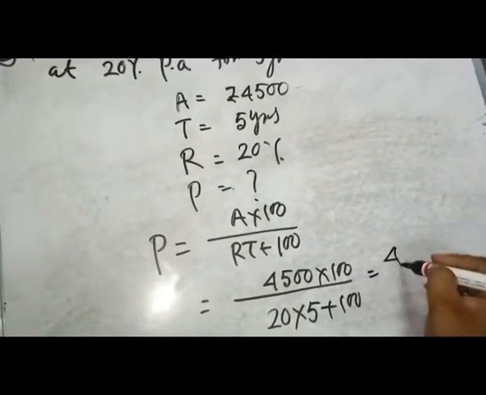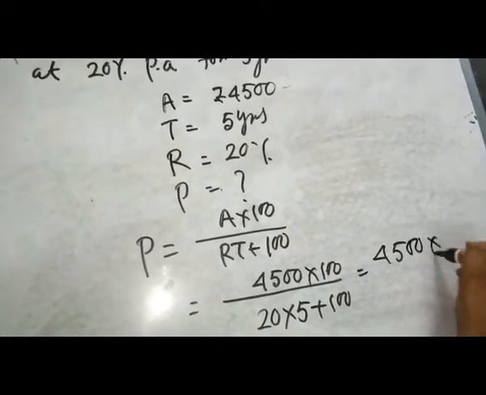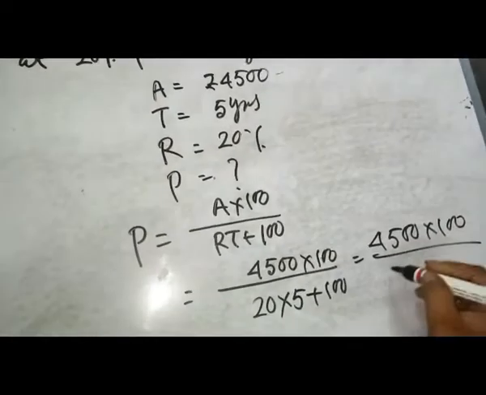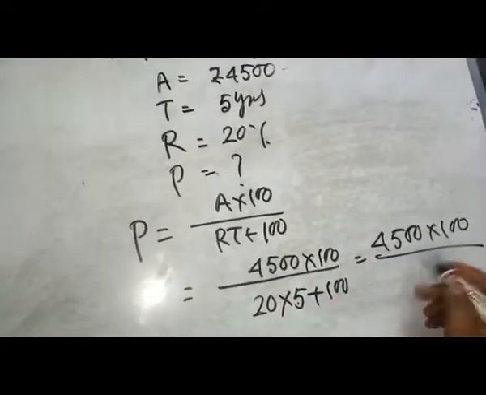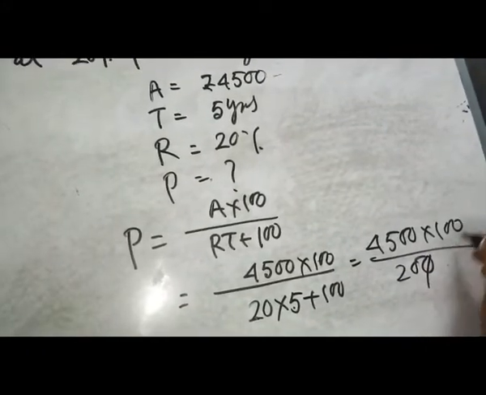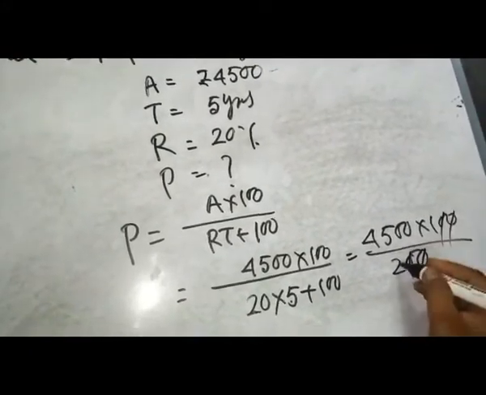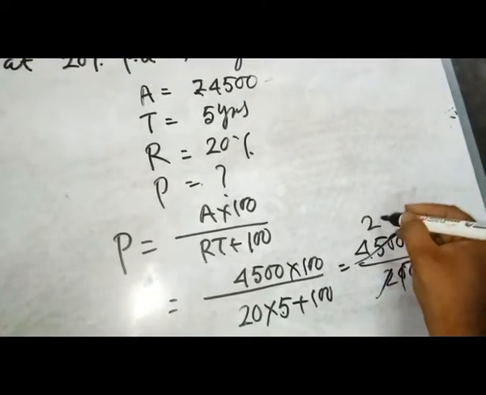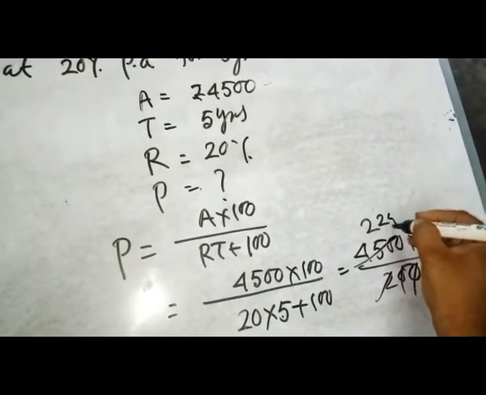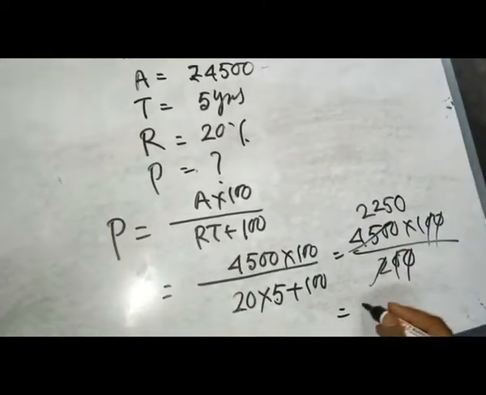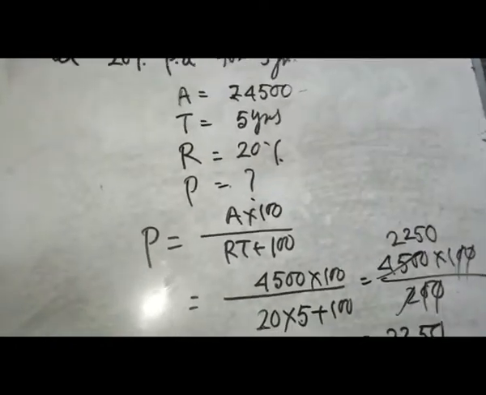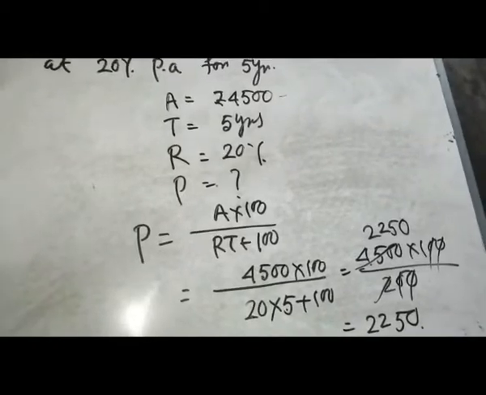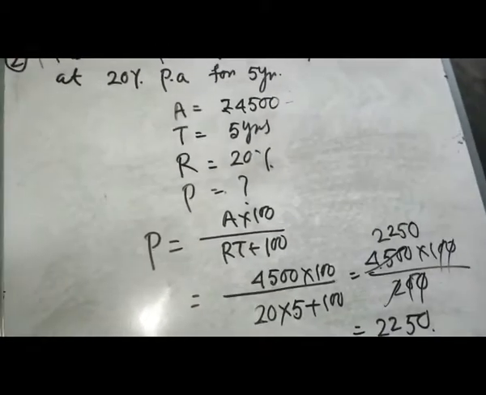So 4500 into 100 by 20 into 5 plus 100. 100 plus 100 equals 200. This 0 will cut, this 0 will cut. So the answer is 2250.